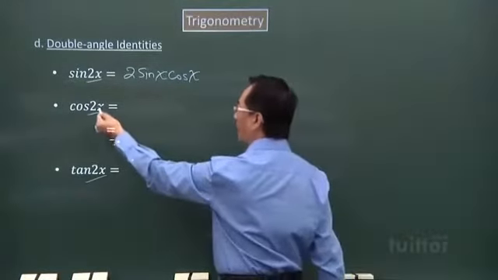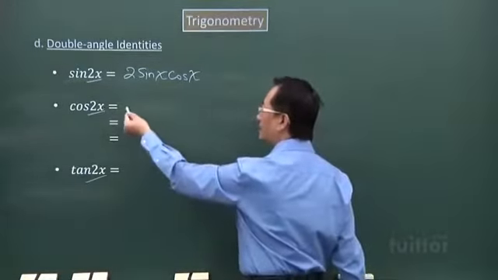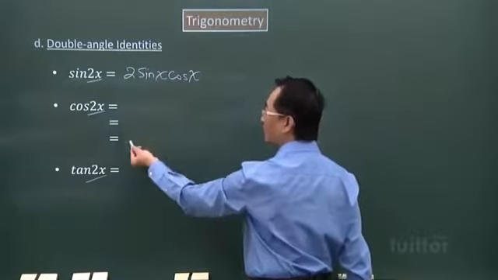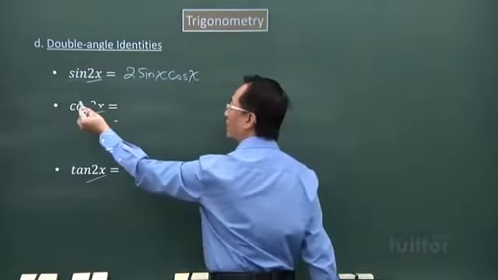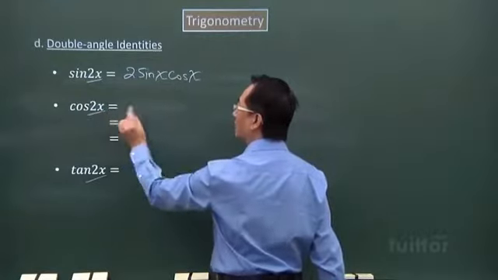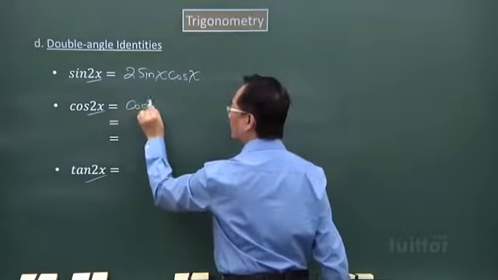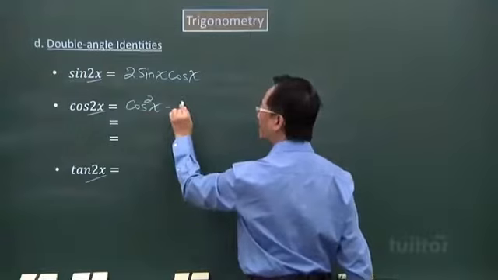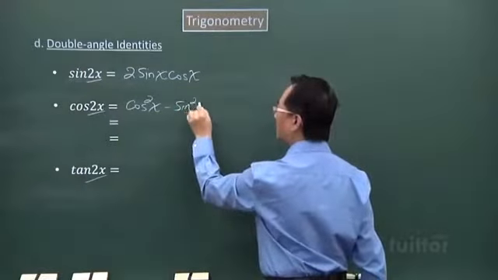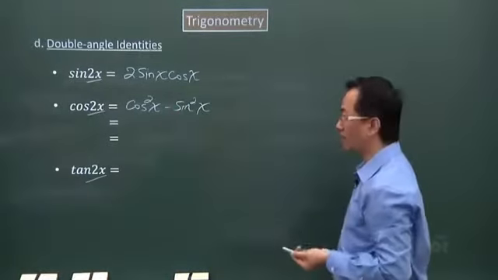For cos 2x, this identity gives you 3 parts. You can have cos 2x equals cos squared x minus sine squared x. That is just 1.